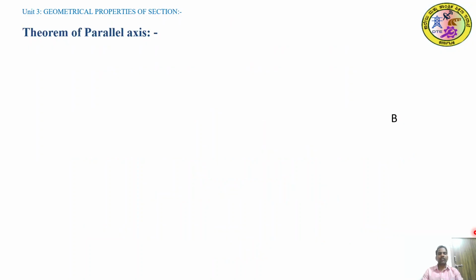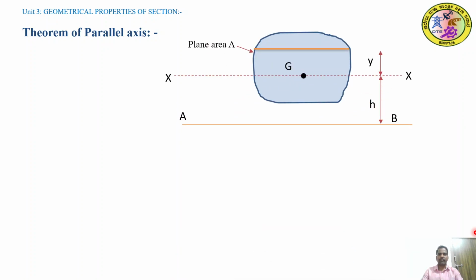Now we are going to deal with the theorem of parallel axis. In this theorem of parallel axis, first we are going to consider a lamina. In the given lamina, we are going to mark the centroid and we are going to place the x axis. In the whole lamina, we are going to consider a strip.